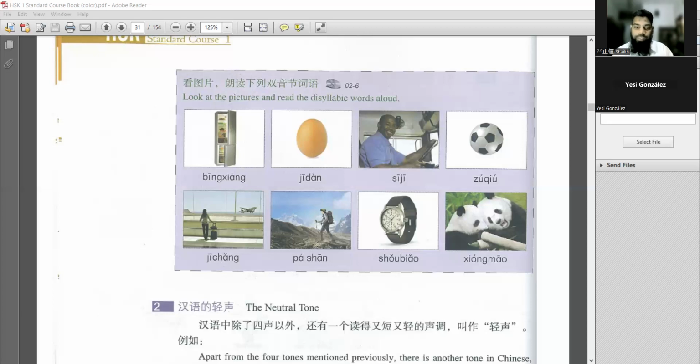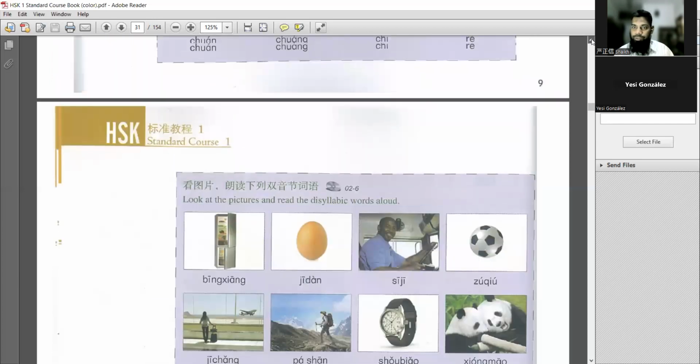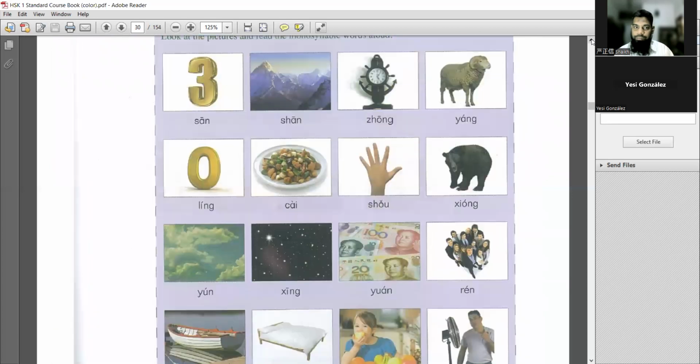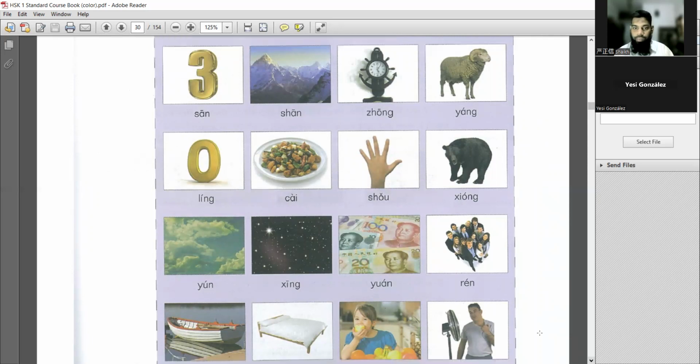And then we have Pa Shan. Pa Shan is to climb a mountain. We have studied that Shan is mountain, and Pa Shan is to climb a mountain. So we just have 10 minutes left.